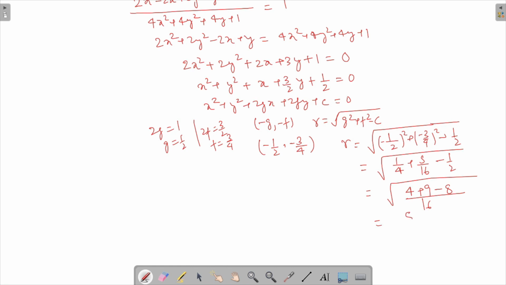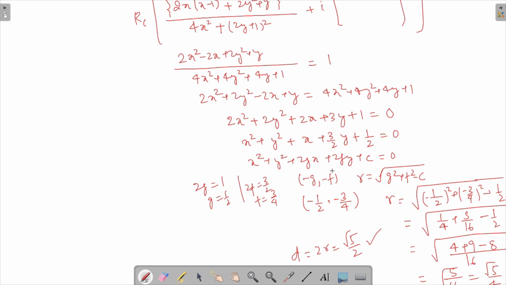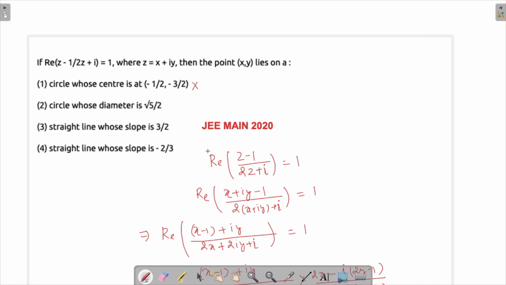So I get 5 upon 16, square root of that. So this will become √5/4. So this is what is my radius. Then diameter will be 2 times the radius, right? Which will be √5/2. So this is your option, which is part 2, circle whose diameter is √5/2.